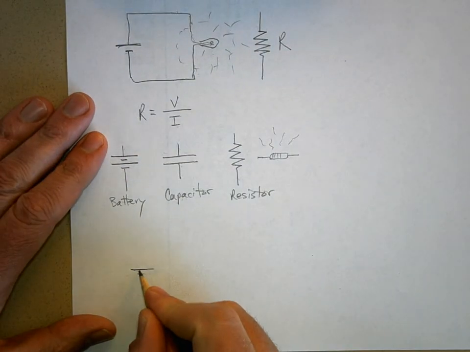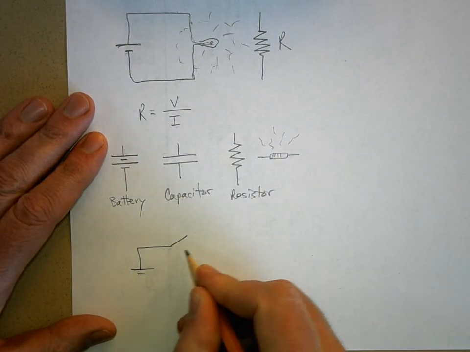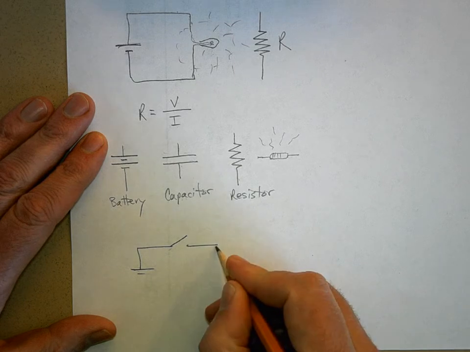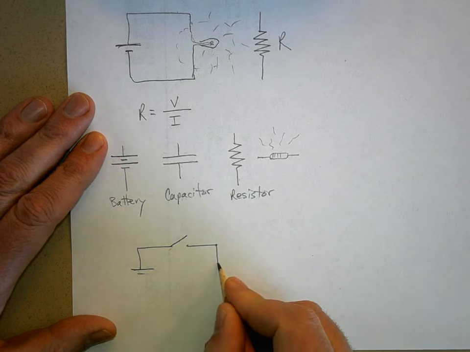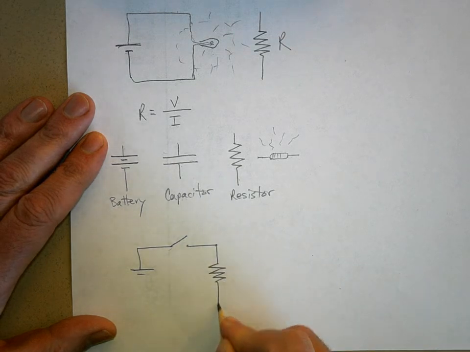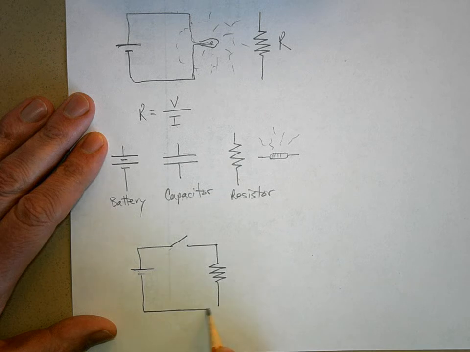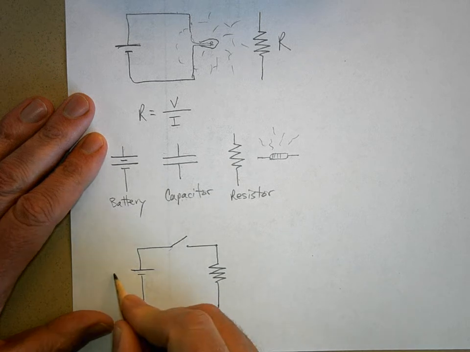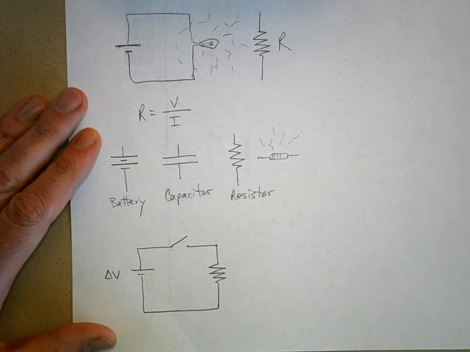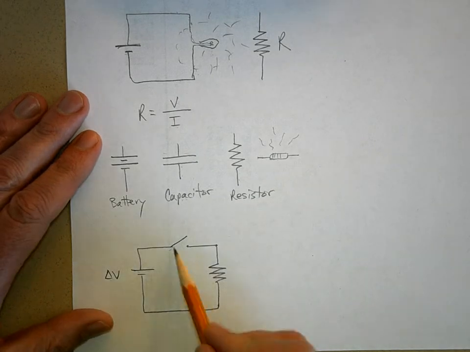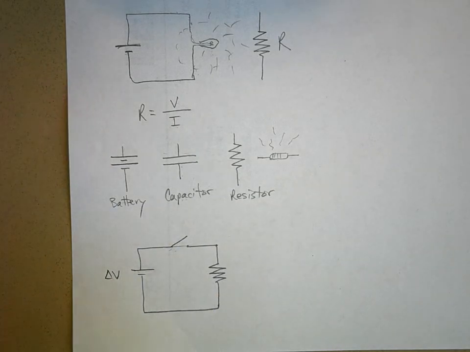Let me redraw this. Here's my switch. That was our other symbol, but I didn't list it. And here's my resistor, and here's my voltage from my battery. Now, let's say I close this switch, and now current is going to run through.